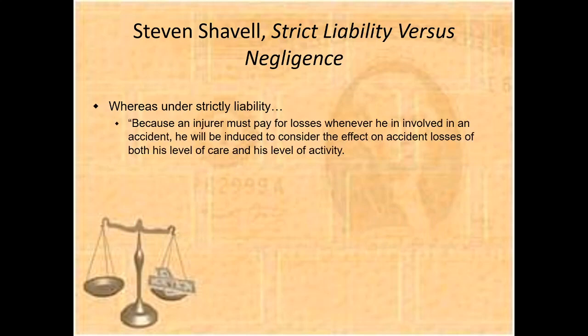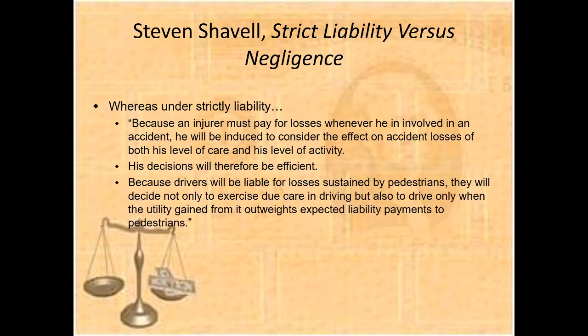whereas under strict liability, because an injurer must pay for losses whenever he or she is involved in an accident, he or she will be induced to consider the effect on accident losses of both the level of care and the level of activity. His decision will therefore be efficient.